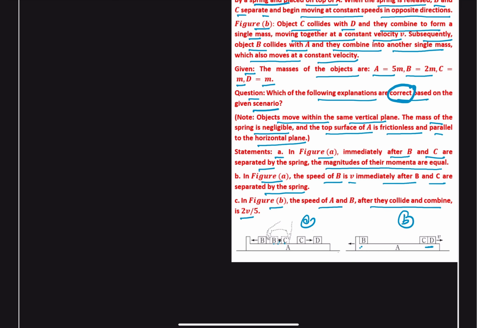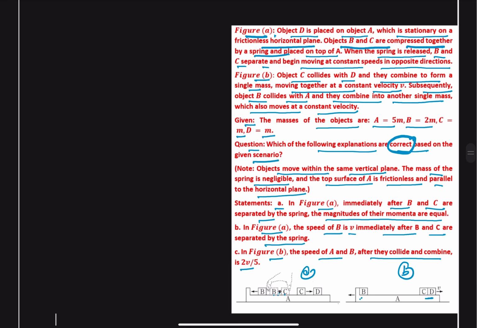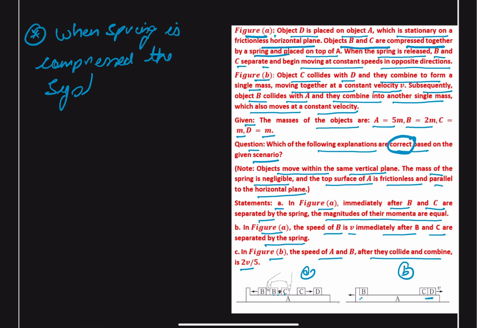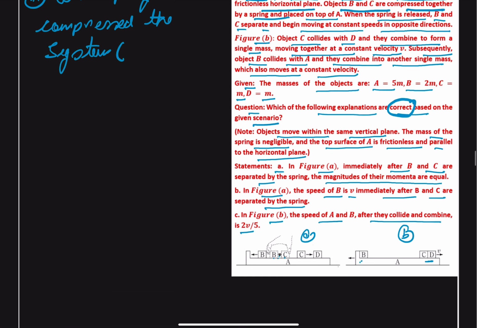So this entire question is based on the conservation of momentum. So we start from there only. When the spring is compressed, the system is at rest. Here the system is B and C. B and C are at rest.